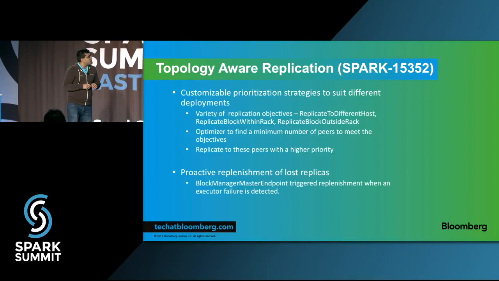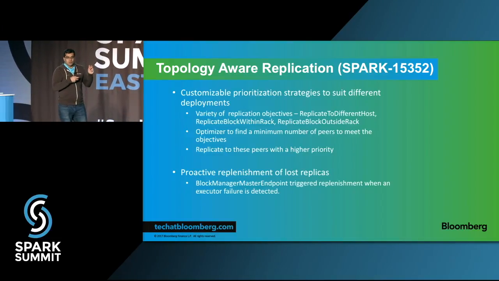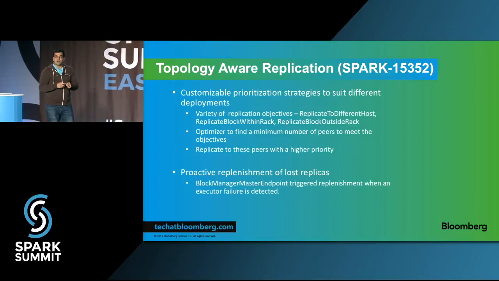Apart from this, we also contributed some code for proactive replenishment of lost replicas. This is to ensure we don't run into the problems we just discussed, where Spark waits for all the replicas to go away before it starts to recompute.